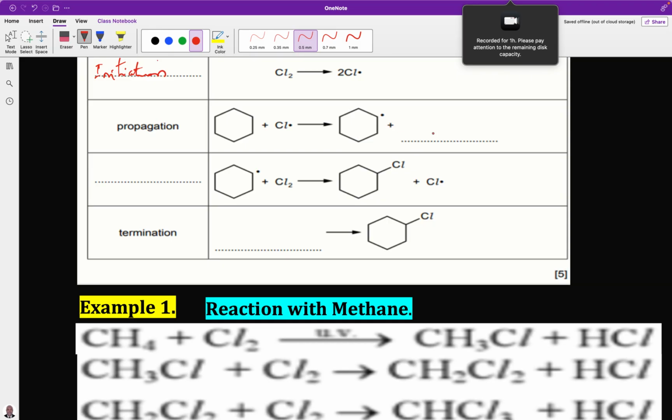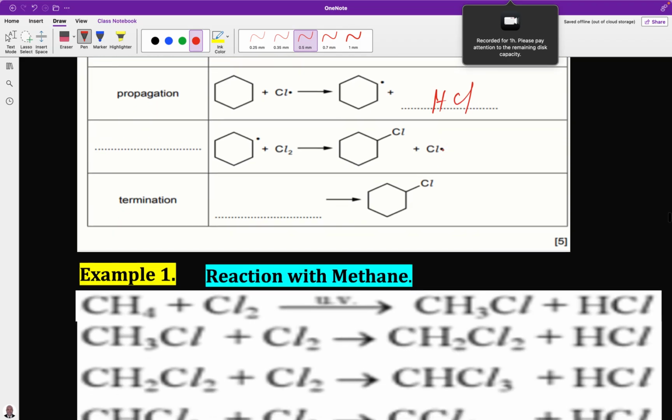What is always the product here from the cyclohexane? Here you will see that this is a free radical, and the other product is HCl. HCl is always the product, hydrogen chloride.